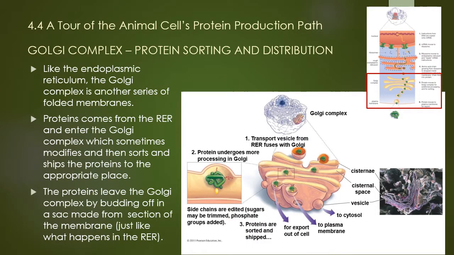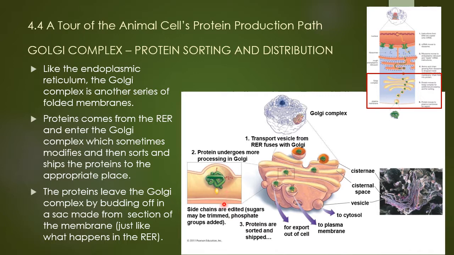A lot of the proteins will go to something called the Golgi complex, and this is where protein sorting and distribution occurs. So in our overview picture here, this is the Golgi complex. So these proteins leave the endoplasmic reticulum in these little sacs. They go up to the Golgi complex. The protein gets dropped off and fuses with the Golgi complex.